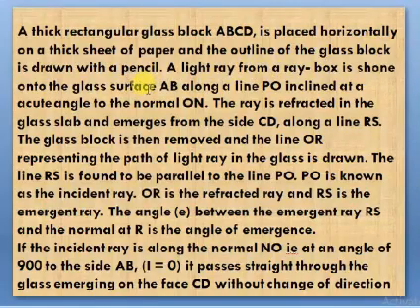I've shown you your ray box when we were talking about reflection of light at curved mirrored surfaces. Then along AB, a line PO inclined at an acute angle to the normal ON, as we can see in that diagram. Then the ray is refracted in the glass slab and emerges from the side CD.